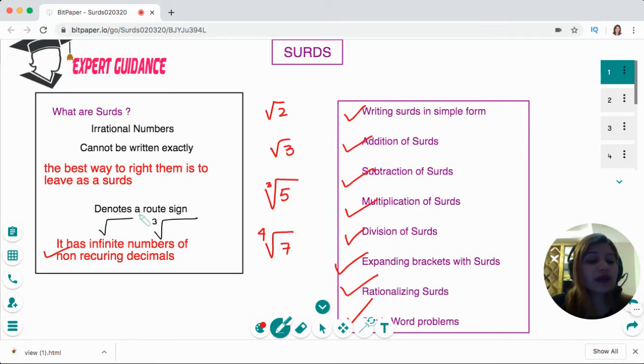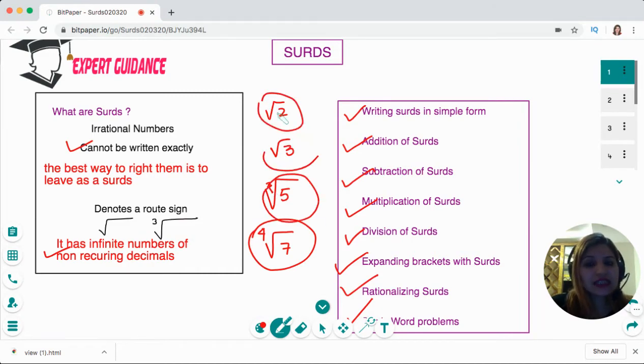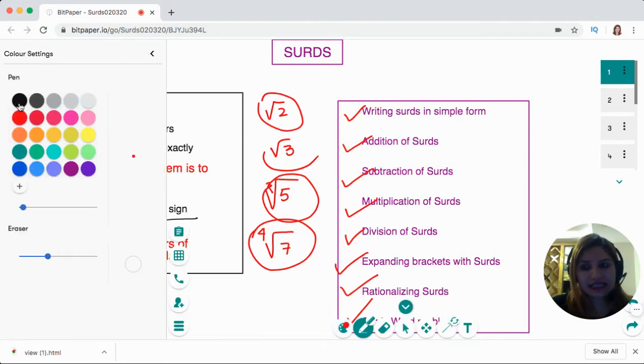So we cannot write them exactly. So the best way to write them is to keep them in the root form. And these are known as surds. So surds are something which is denoted as a root sign, which are irrational numbers. And the best way to write their exact value is to leave them as a surd as it is.